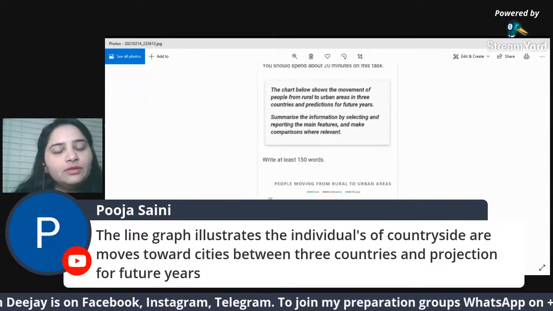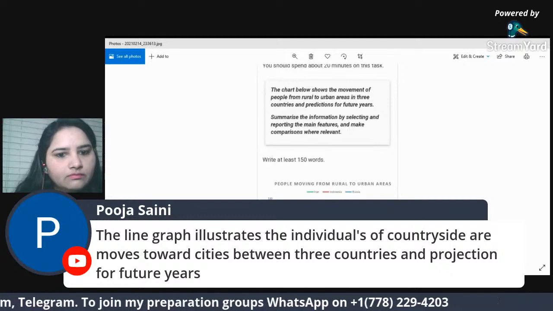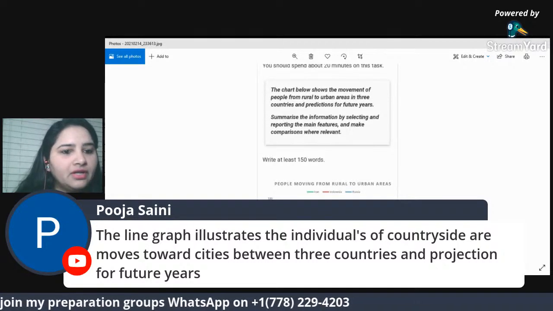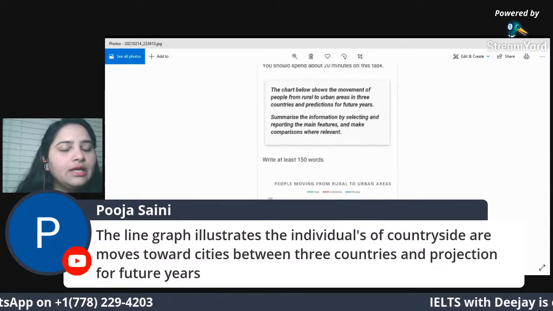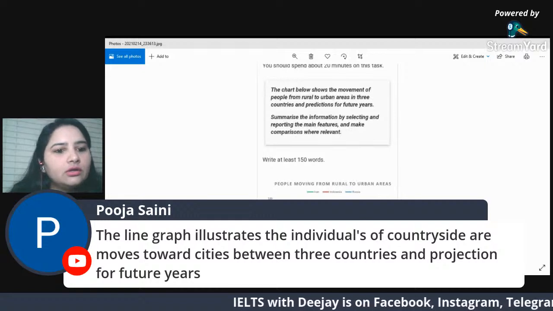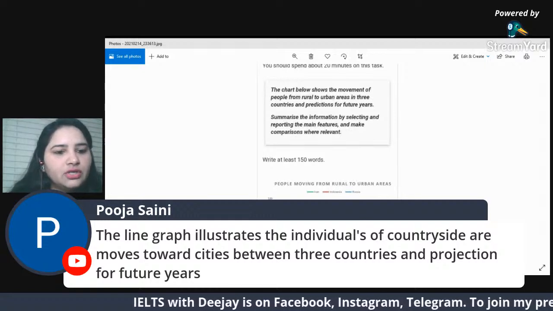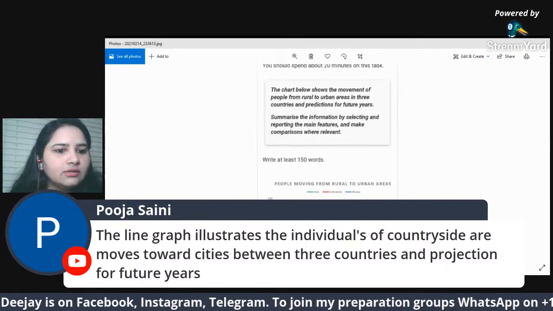You have written that, but try to add the things in a proper, very clear way. This is not clear because the tense you have chosen is not correct. Okay, change it.